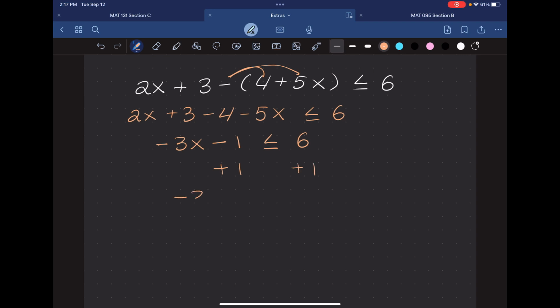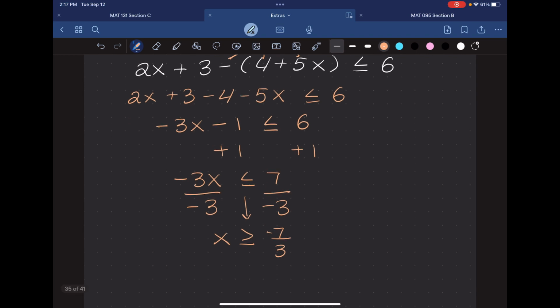So I get negative 3x less than or equal to 7. And then I'm going to divide by the coefficient of my x. Well, this one's a negative number, so I'm dividing by a negative 3. So I make sure that I flip my inequality sign. So instead of less than or equal to, I'm going to write greater than or equal to. And I've got negative 7/3.